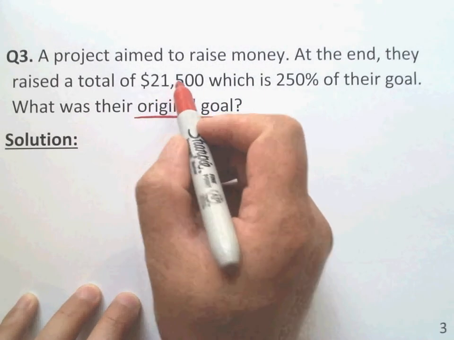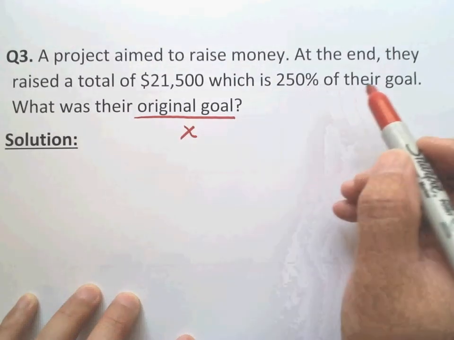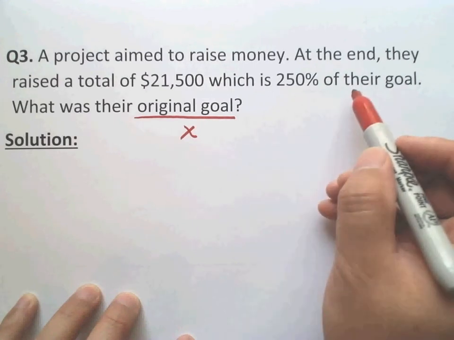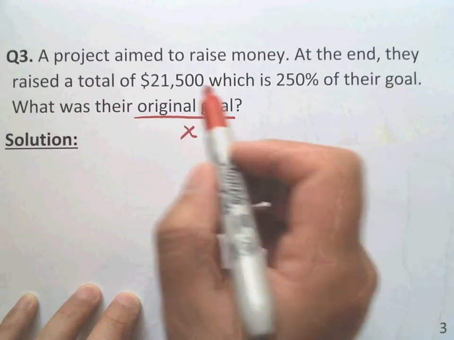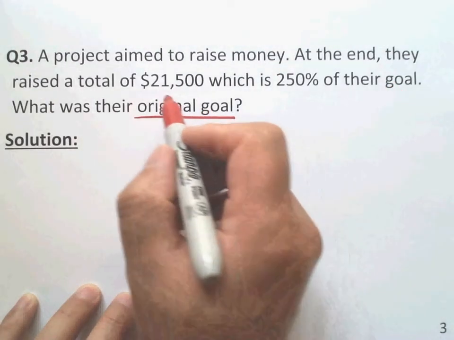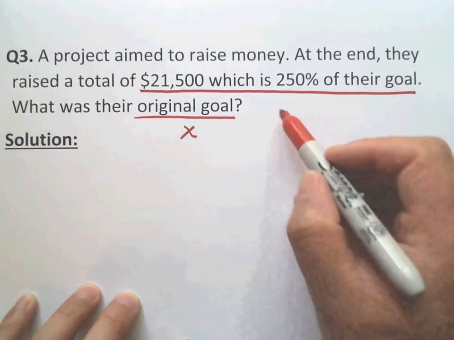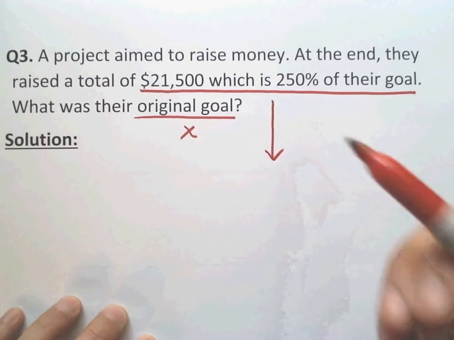The dollars amount is 250% of the goal, and "of" means multiplication, right? So 250% times their goal equals this number. Let me highlight the one we need.